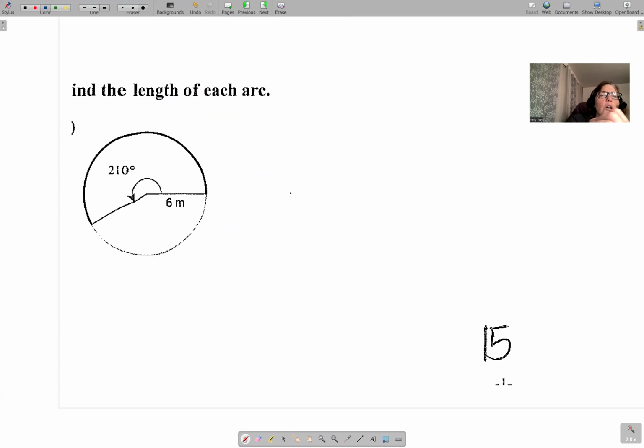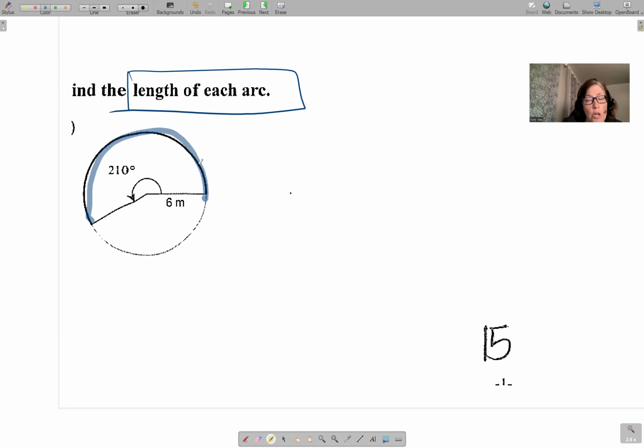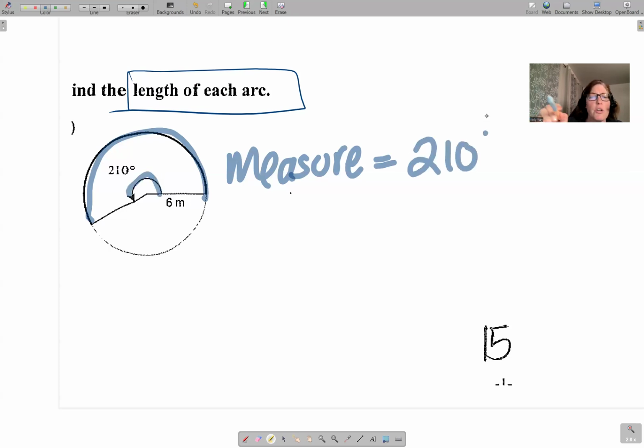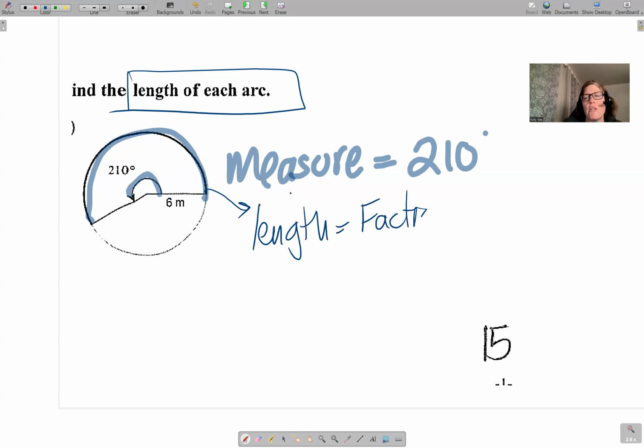Length of an arc. Now, the length of this arc is not 210. The measure of the arc is that central angle. So the measure is 210 degrees, but the length of the arc is a fraction of the circumference.